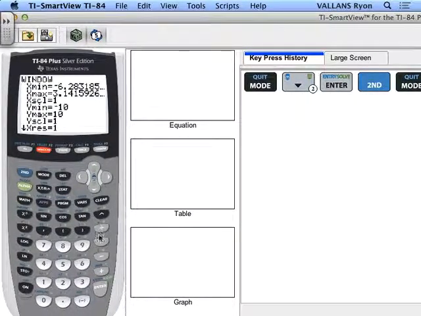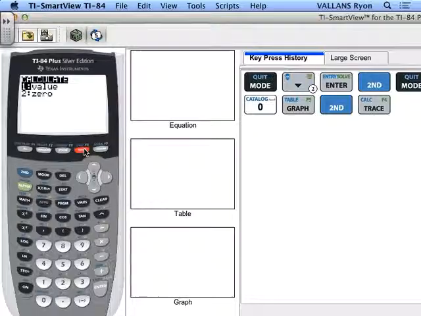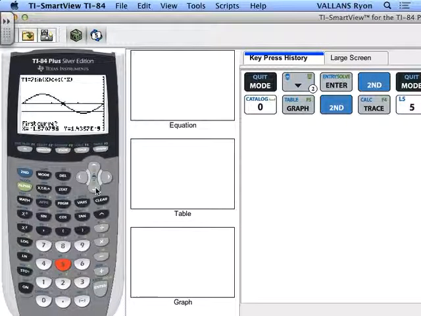So my x goes from negative pi to 0. Okay? Then I can graph this out. There's a first graph. Negative 3 goes flying by. I go second trace, which is the calculate button. I go intersect. I'll go enter, enter, enter.